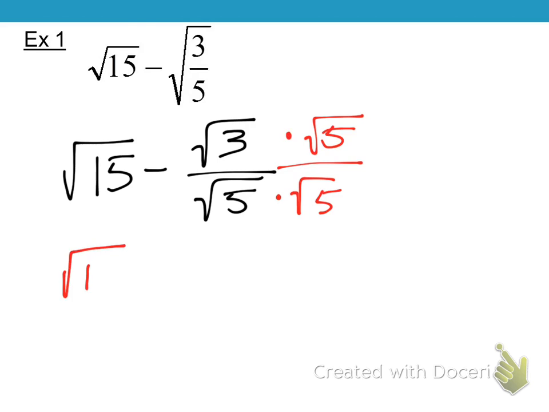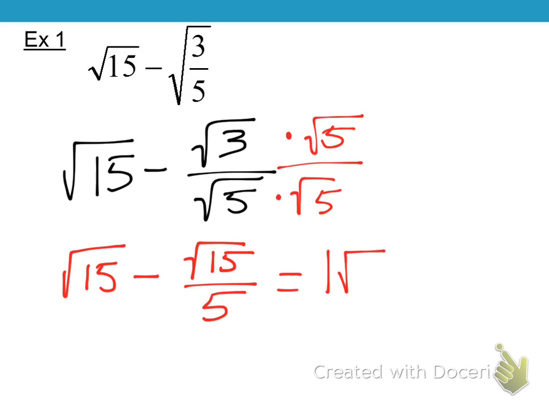So this is square root 15 minus, what do we get in our numerator? Square root 15 over, in the denominator, we get a 5. Good. So I'm going to rewrite this real quick. I'm going to write it as 1 square root 15 minus 1/5 square root 15.